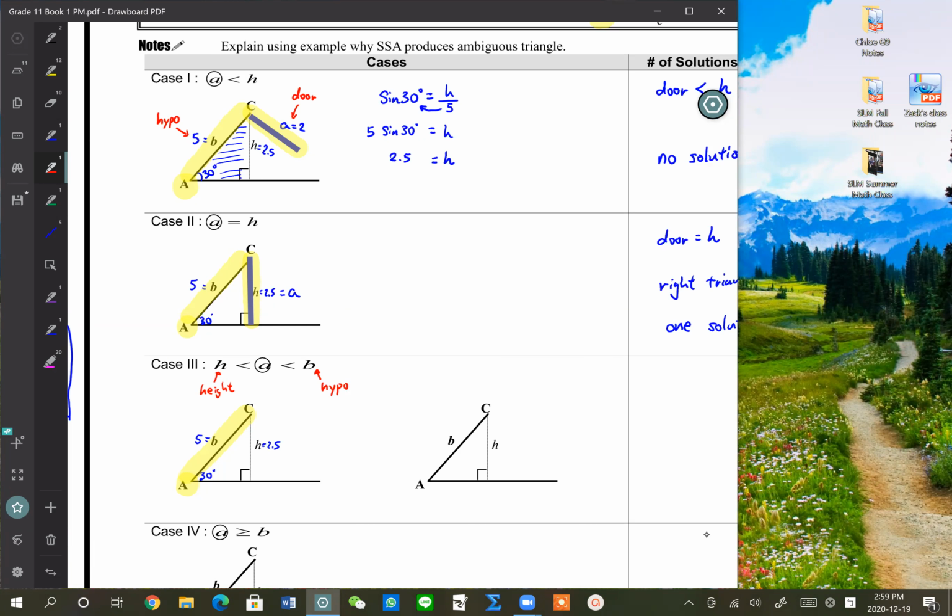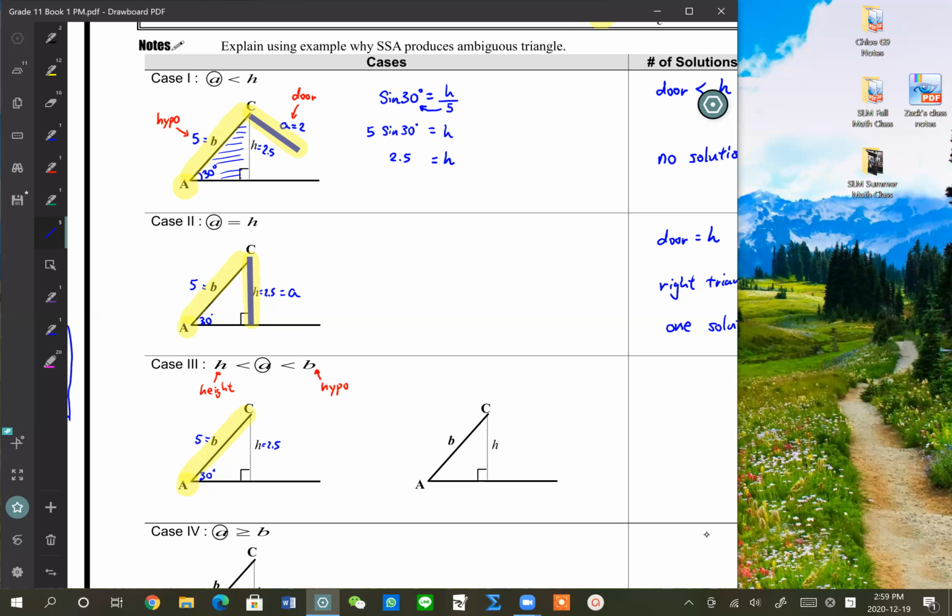Okay, Jiawen, can you please give me a number? 2. Is 2 between height and hypotenuse? Jiawen, are you there?